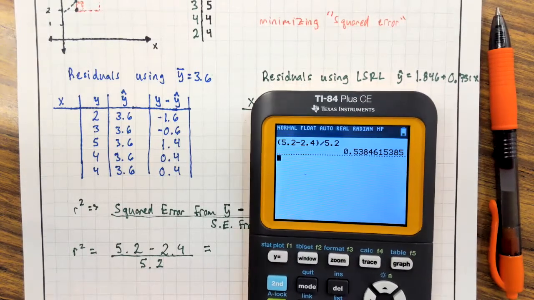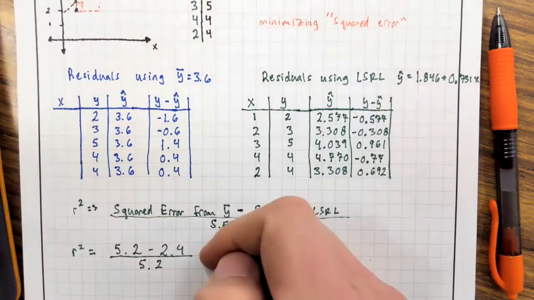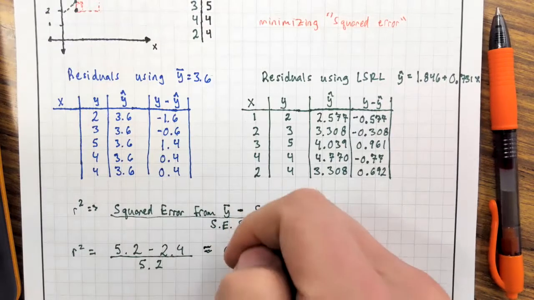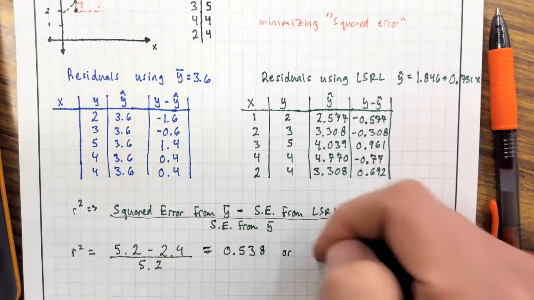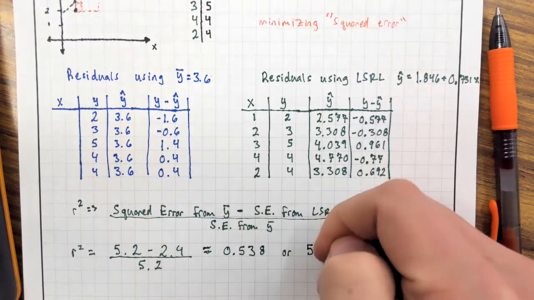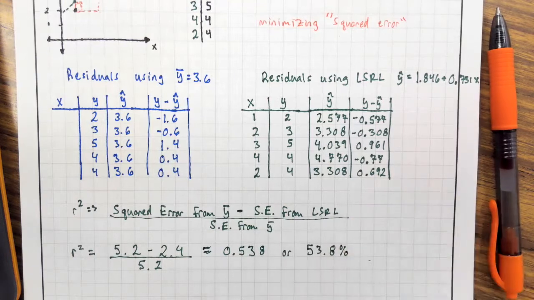And I get approximately 0.538, or 53.8%. This is typically represented as a percentage.